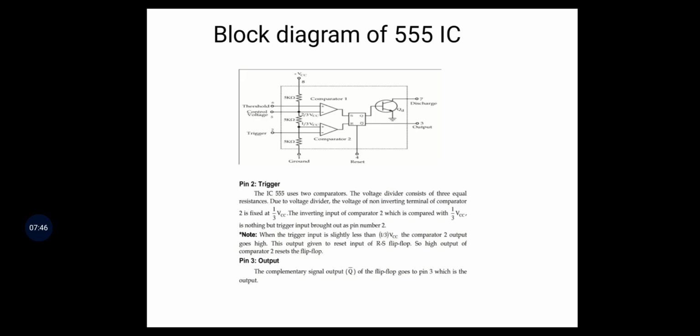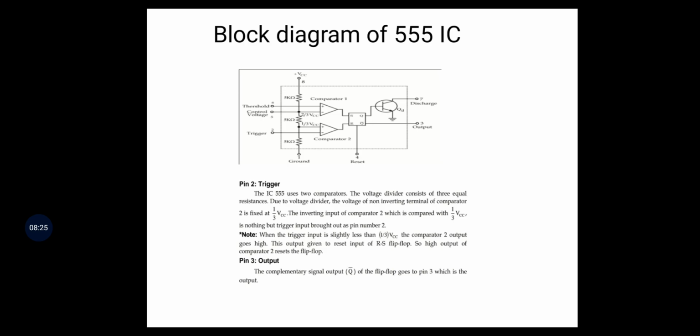Here at the trigger pin, if the trigger input at the minus terminal is greater than 1/3 VCC, the output of the op amp is 0. If the trigger pin input is less than 1/3 VCC, then the output of comparator 2 is 1.